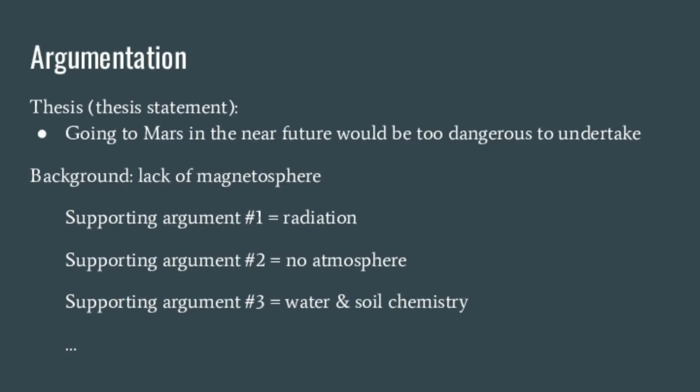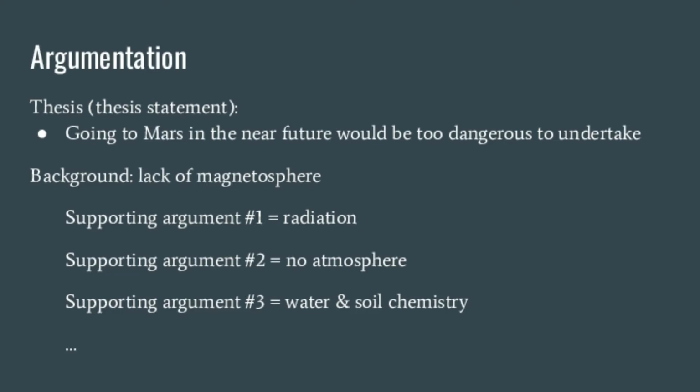So it's the magnetosphere that is maybe a key factor in some of the main reasons I'm going to talk about in this essay. My supporting arguments, my main points in the body of my essay, are going to have to do with the radiation, lack of atmosphere, the water and soil, and chemistry. And at least two of these, radiation and atmosphere, depend on the magnetosphere.